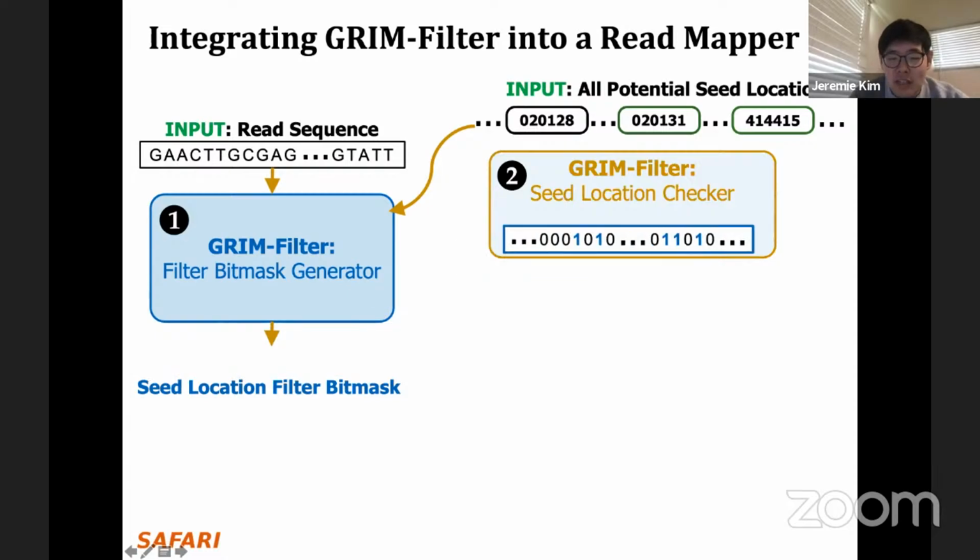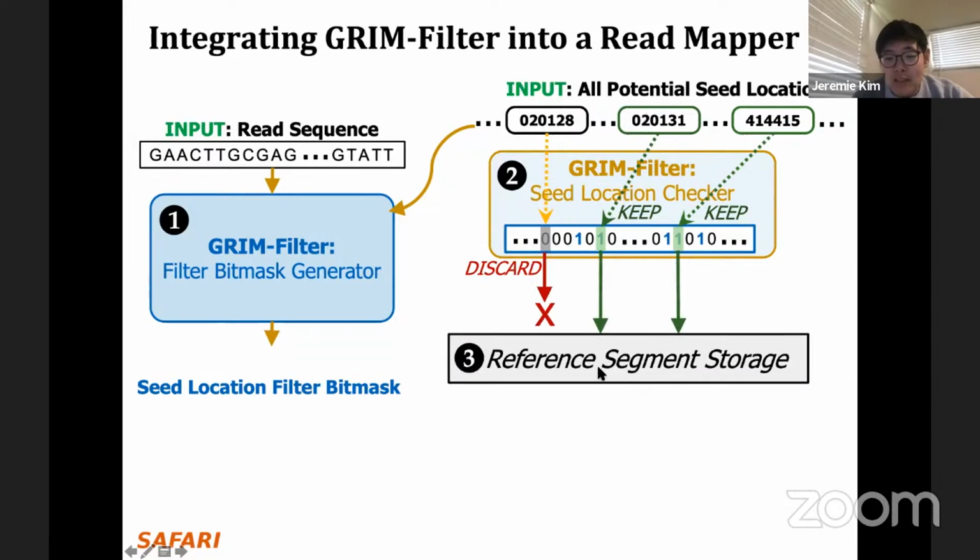So we send this bit mask over to a seed location checker, which compares it to the potential seed locations, and only passes on the seed locations that pass the check, which is basically the indices that have a 1. Any that has a 0 is discarded.